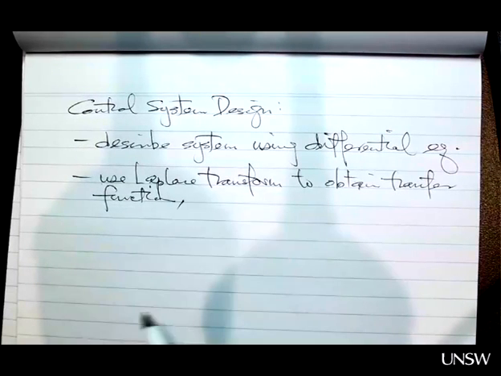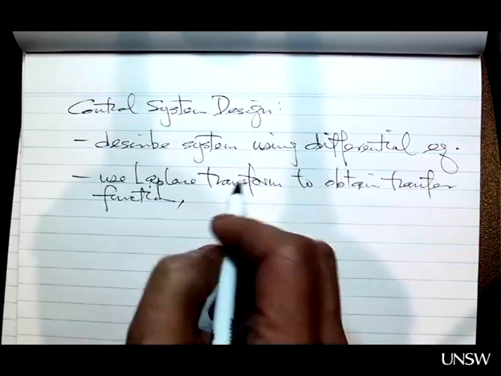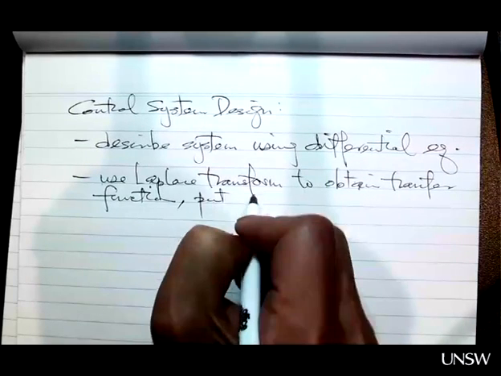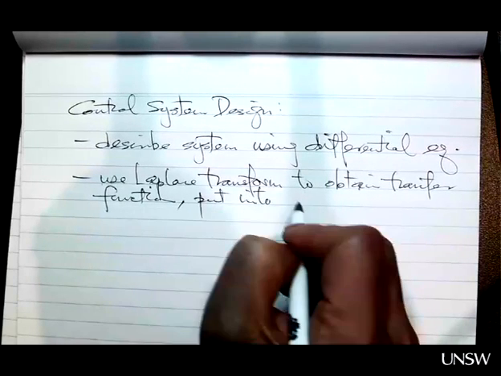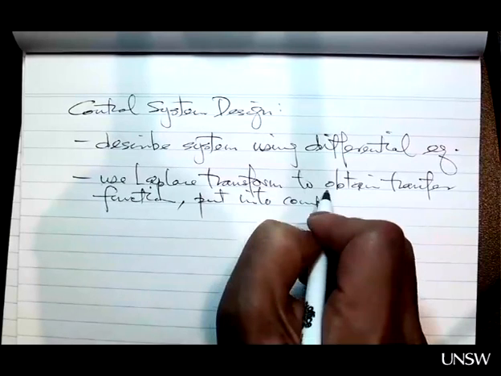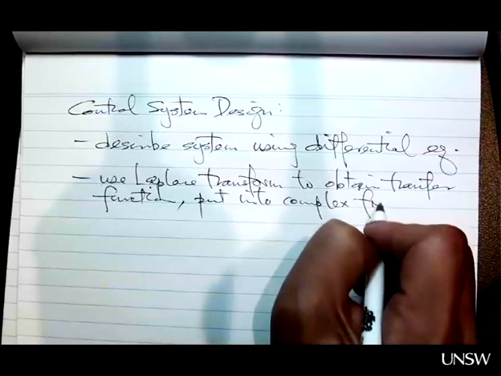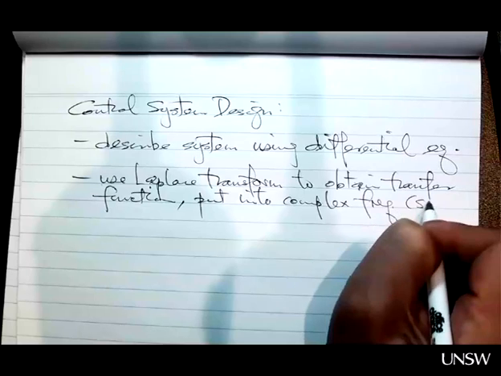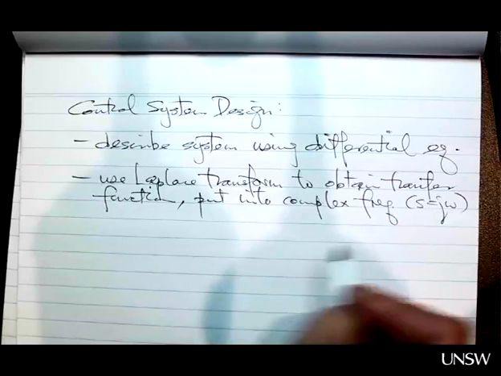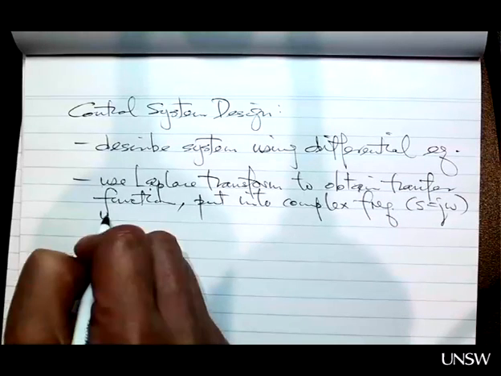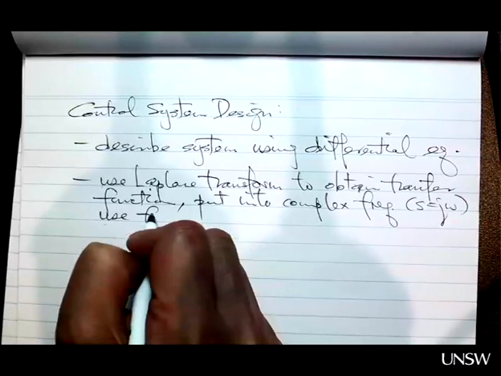And then we can put the transfer function into complex frequency. That is, we put s equals j omega, right? And then use frequency response methods.